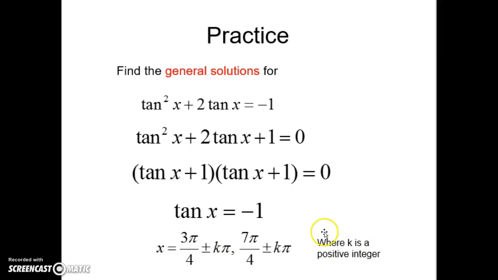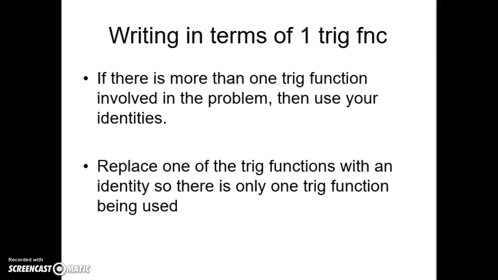And every mathematician understands that k is going to be some integer in this context. So here are the two general solutions for x that make this equation true: 3 pi over 4 plus or minus k pi and 7 pi over 4 plus or minus k pi. Let's work some more examples.